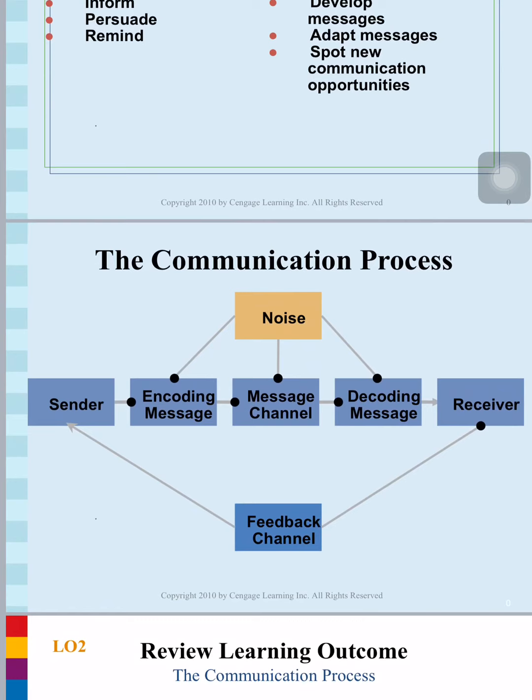When they receive the message, they will reply with the feedback channel, through market research and sales results. If there is a good response in the market, the sales increase, it shows that people like your products or service, or there is a change in the market share. So this is the communication process.